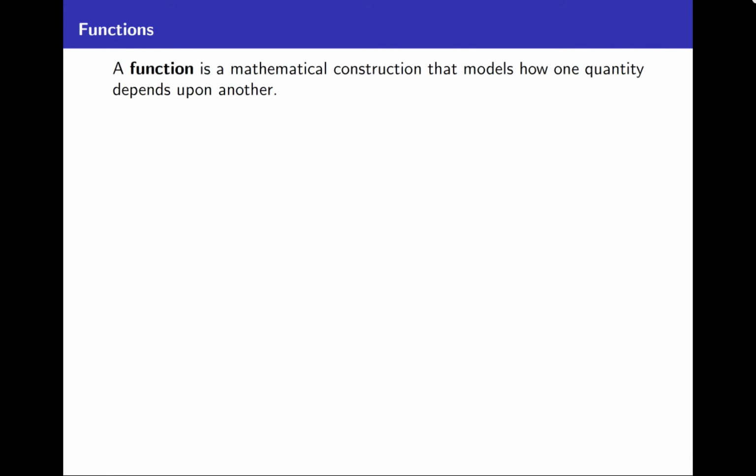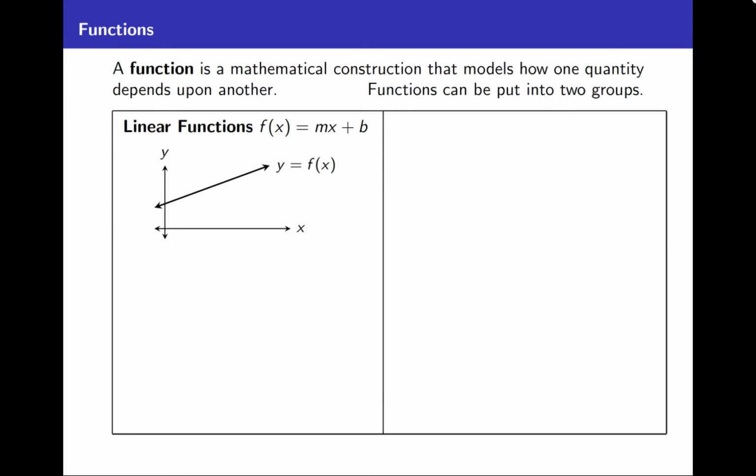You know that a function is a mathematical construction that models how one quantity depends upon another. For our purposes in this course, it's important to realize that functions can be put into two groups. On one hand, there are the linear functions that have the form f of x equals mx plus b, and they have very simple graphs.